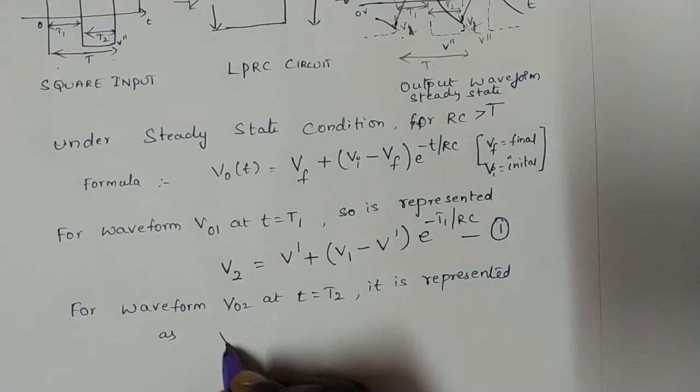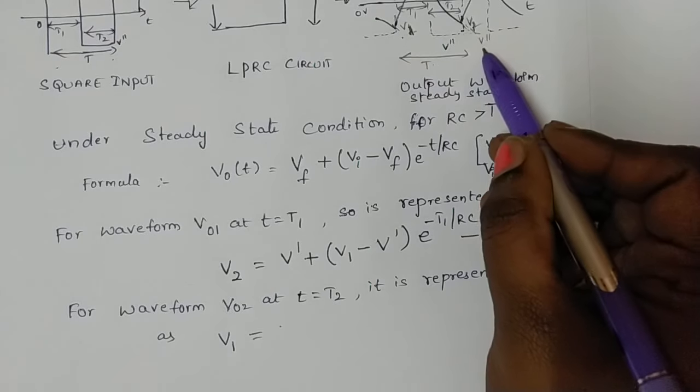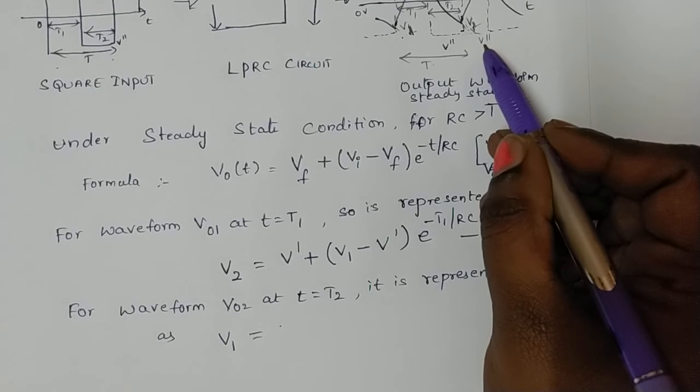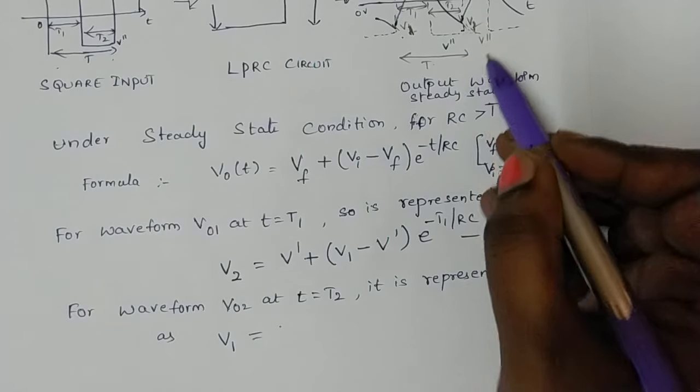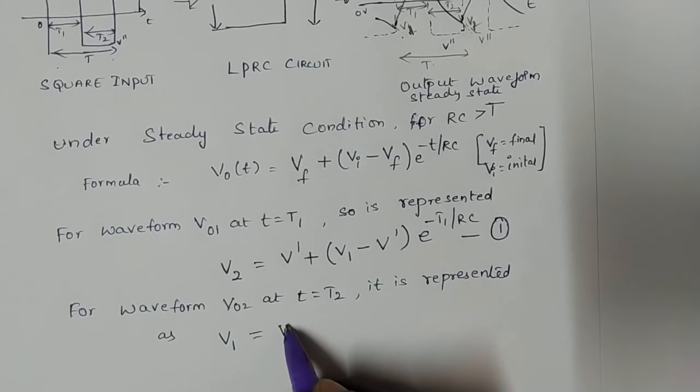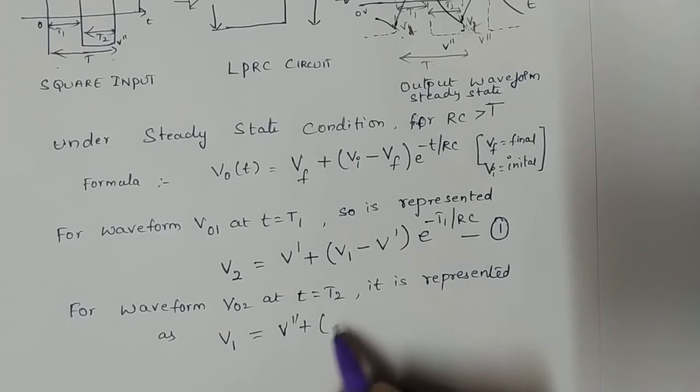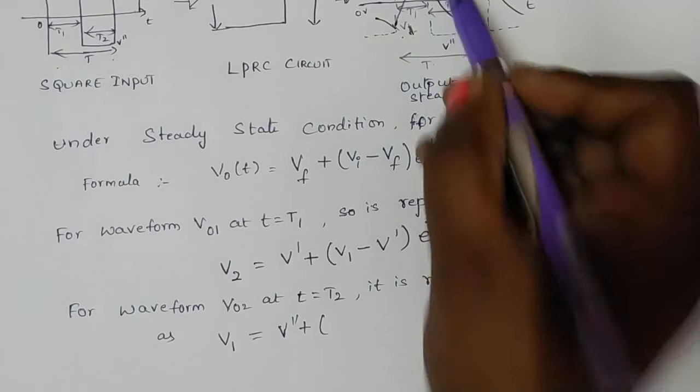So V out of t equal to V1 is the final value. Up to where does it have to be charged? V double dash. It is discharging, but it has to discharge up to V double dash.